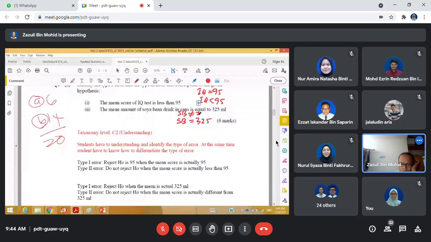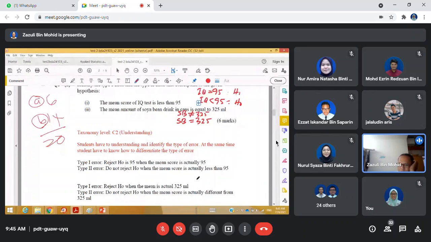So the answer is you have to reject the H0, the null hypothesis, when the mean score is actually 95. Okay, this one is regarded as the H0 when it's type 1. Okay, when it's type 2, do not reject H0 when the mean score is actually less than 95.